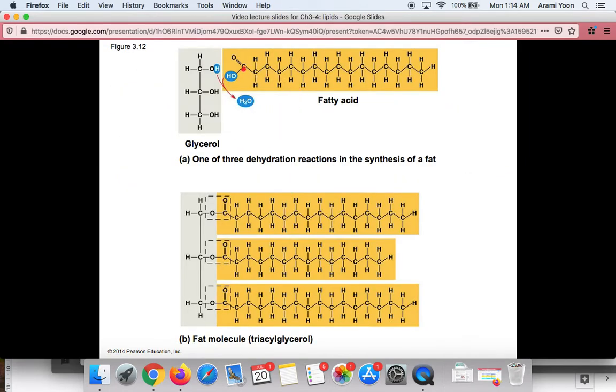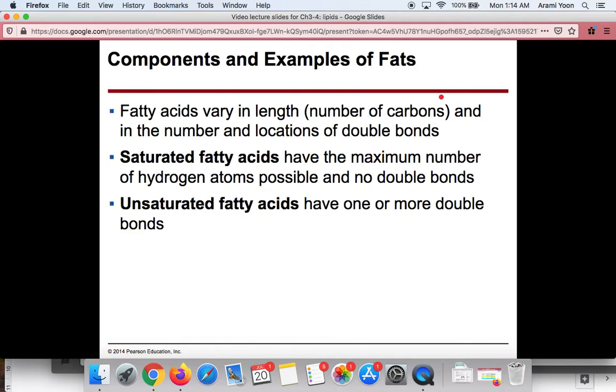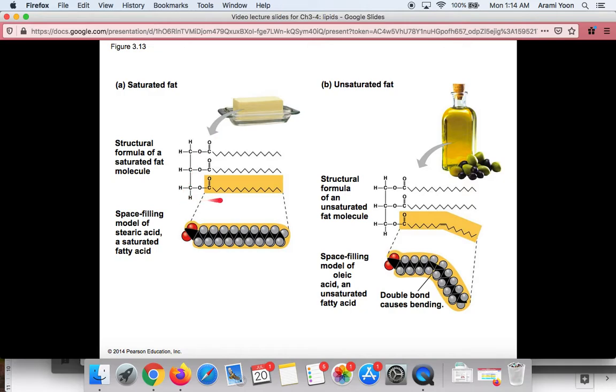Here's another representation of that. So around every carbon, you have the maximum number of hydrogens here and here, and then around this final carbon, you have 3 hydrogens. So we say that this is a fully saturated fatty acid chain. They are completely straight. In comparison, this is an unsaturated fatty acid chain.